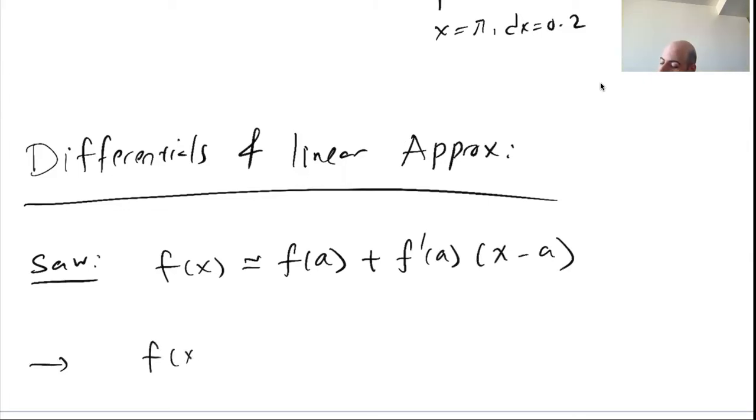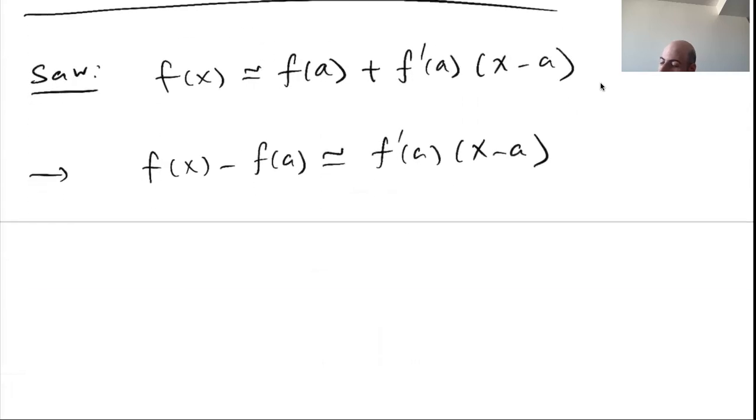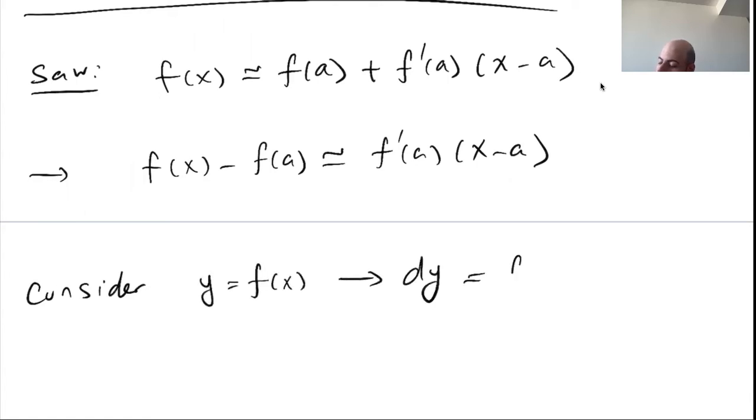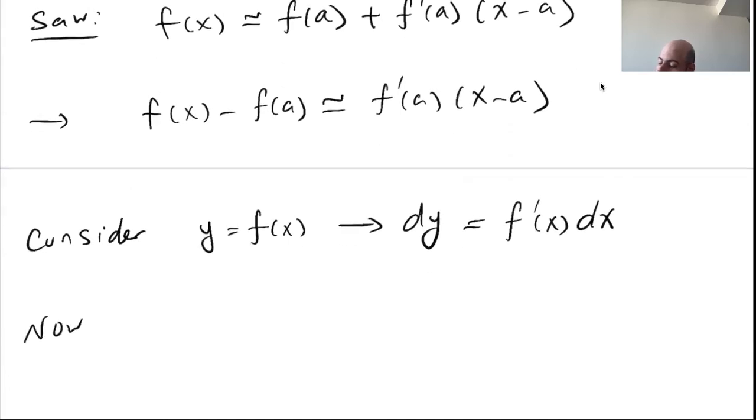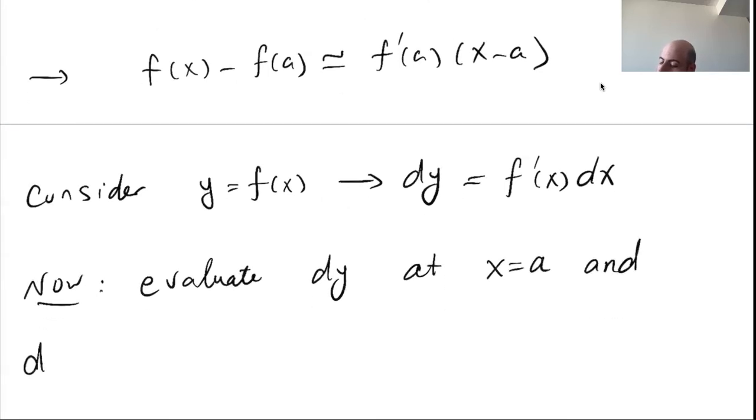So that means f of x minus f of a will be almost equal to f prime of a times x minus a. Now, consider y equals f of x, then dy will be how much? dy will be f prime of x dx. Now, let's evaluate dy at x equals a and dx equals delta x, which is x minus a.